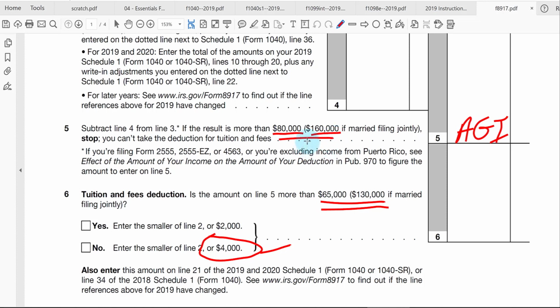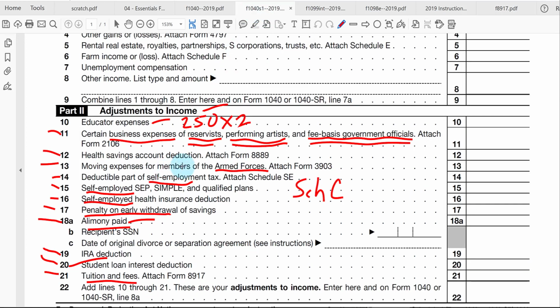Now, if your AGI falls within these two ranges here, then you get a 2,000 maximum deduction. You notice how it doesn't gradually phase out. It's just like a step. You get this big amount, then this smaller amount, then 0. Whatever amount you see here, that's what you claim back on Schedule 1 in the last line.